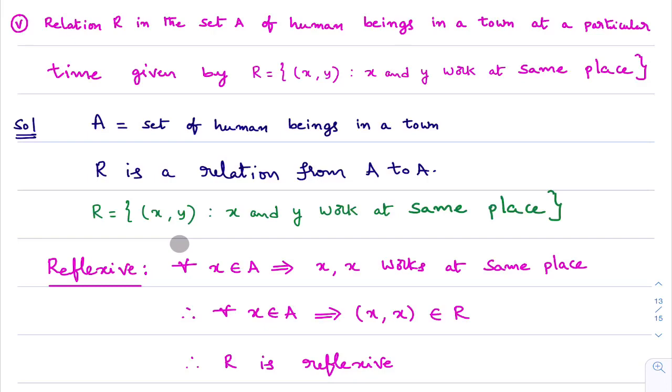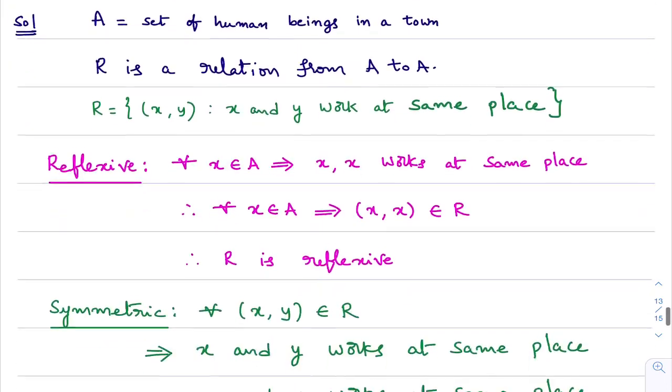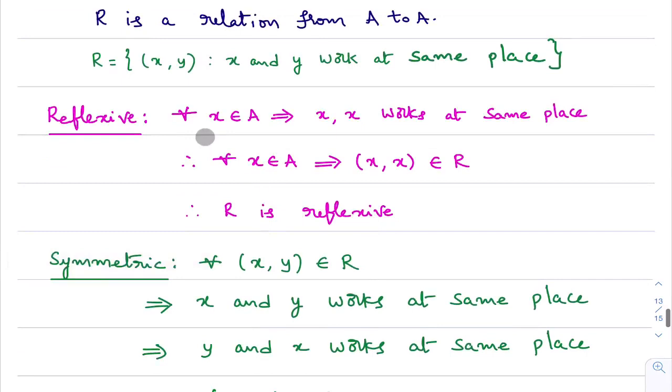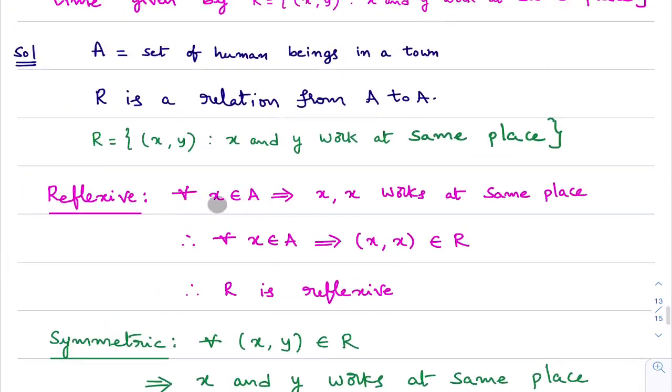First, the reflexive property. You take an element x in set A. Now the point is, x and x work at the same place. I am asking you, where you are working, at that place only. It is a very silly question actually. Easily we can say, where x works, there only.